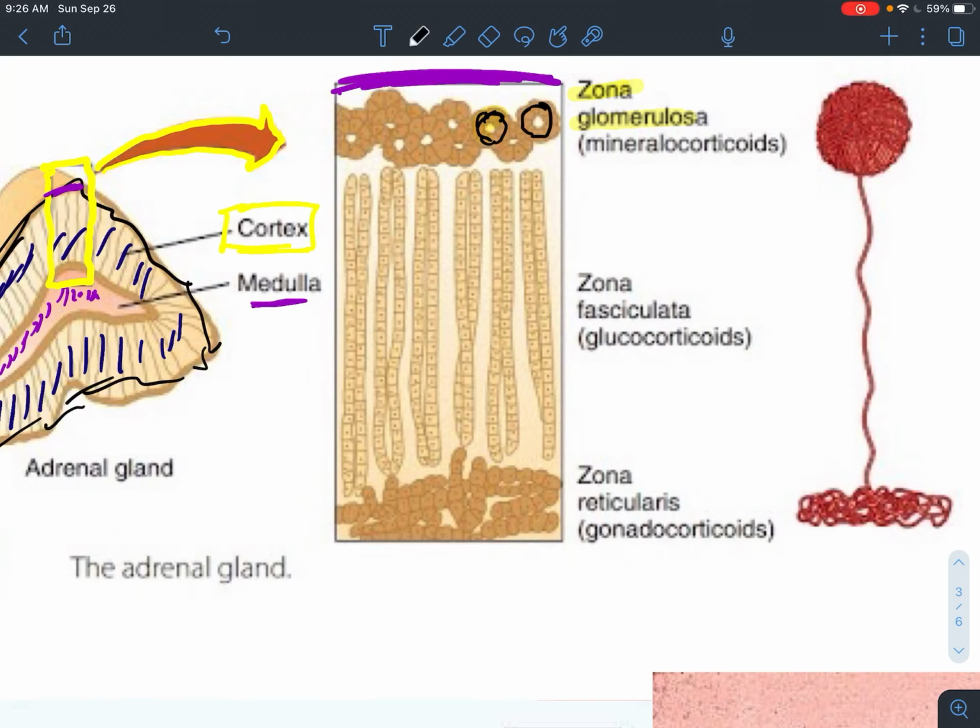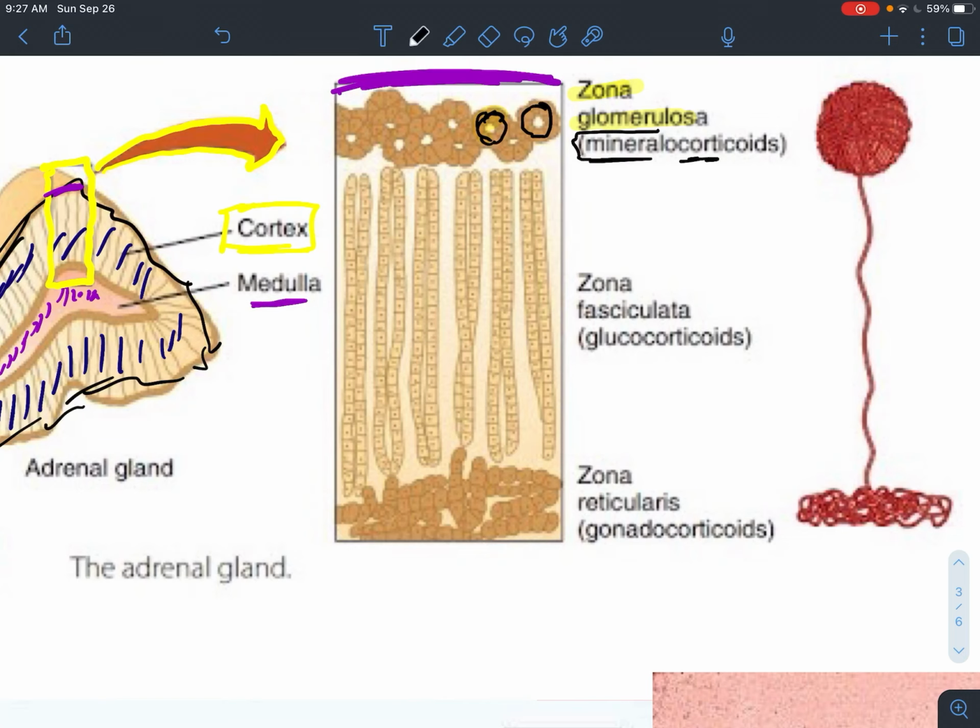And this zone is famous for making mineralocorticoids. The word corticoid comes from the word cortex. In other words, it's coming out of the cortex, and it is affecting our minerals or our salts.